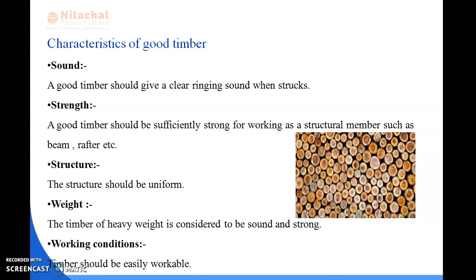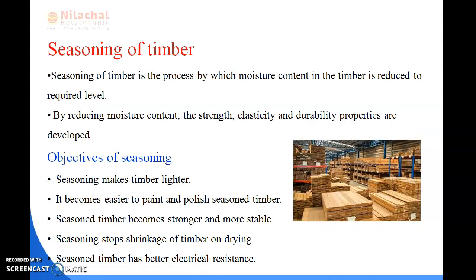Next is strength. It should be sufficiently strong for working as a structural member such as beam, rafter, column, formwork. Okay. The structure should be uniform, in proper shape and size. And the weight, the timber of heavy weight is considered to be sound and strong. The last one is working conditions. The timber should be easily workable.